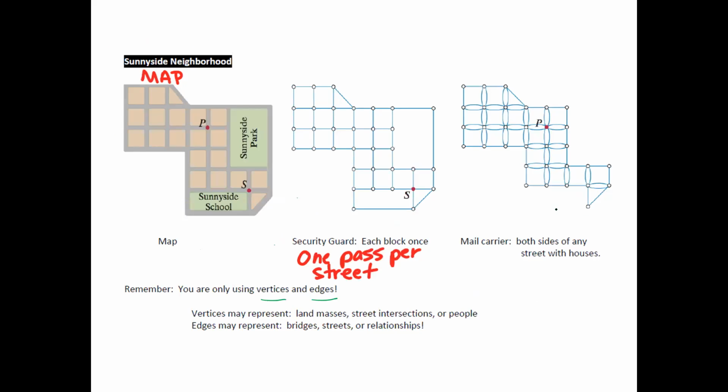And then, of course, the mail carrier, both sides of the street for any houses. So this is a representation of the security guard's path, and again, it's each block once. And the mail carrier, both sides of the streets with both houses. So you have 2.